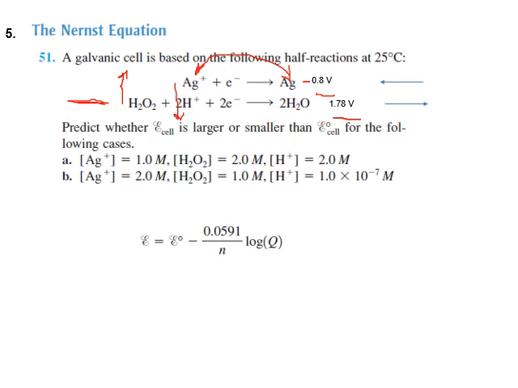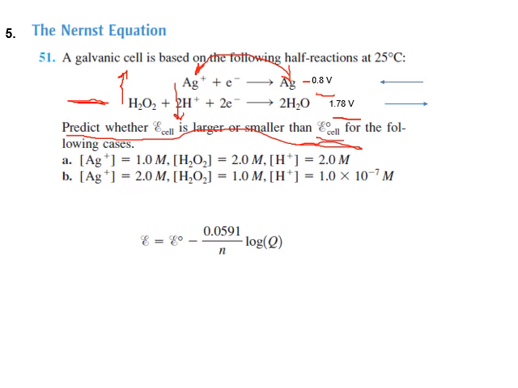Actually, they didn't ask us to figure that out, but it won't hurt that we did it. All right, so predict whether each cell voltage is larger or smaller than the standard cell voltage. The standard cell voltage here would be about 1 volt, and that never changes.